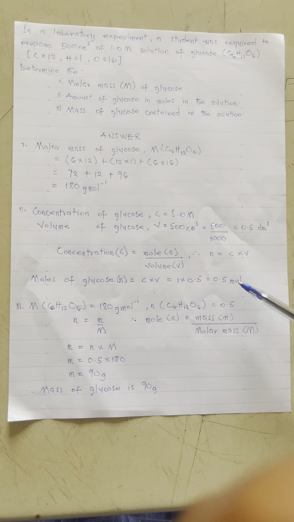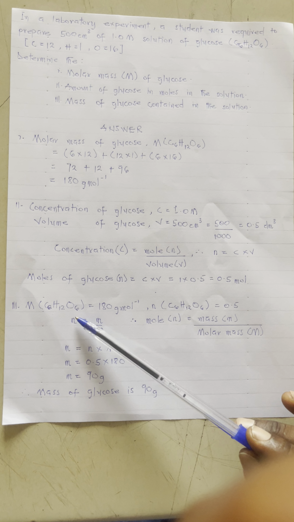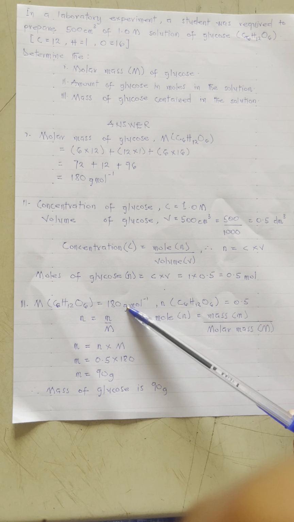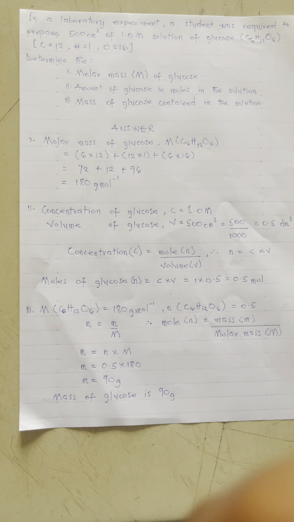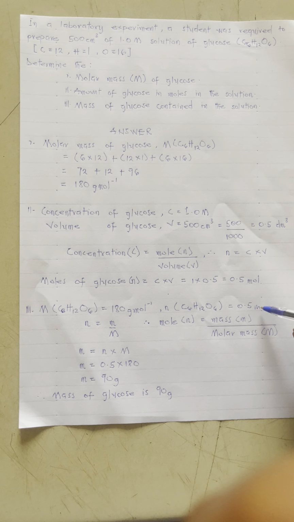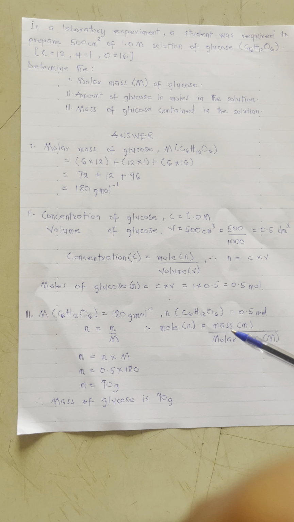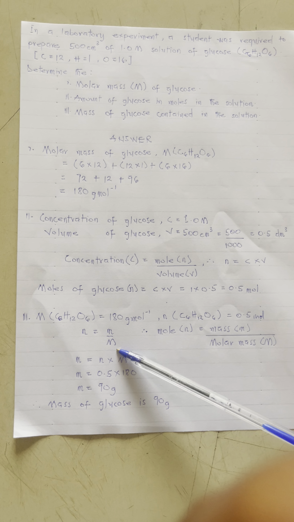The next one is we are looking for the mass of the glucose. And we have calculated our molar mass already, as we know it here. We also have the mole, as we know it here. All right. So we can also say that mole is equal to mass over molar mass.